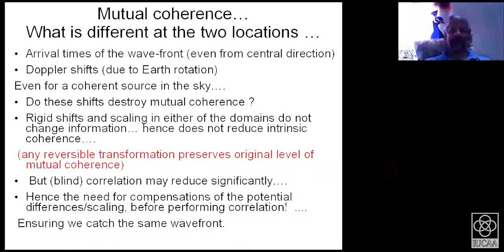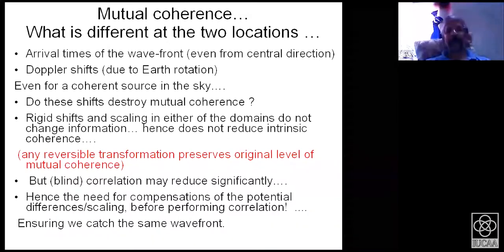This is a description in, let's say, the time domain. You can also have a similar description in the Fourier domain, where something was at one frequency, you gave a rigid shift to whatever description existed in the Fourier domain, and shifted it to another frequency. You will find that the internal structure of the information does not change.